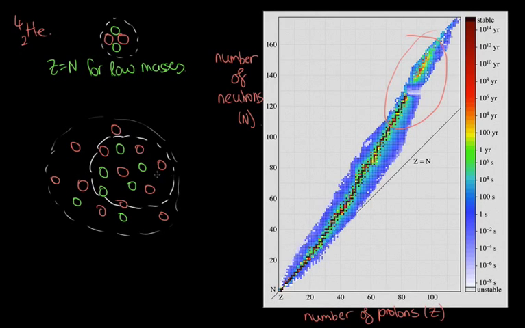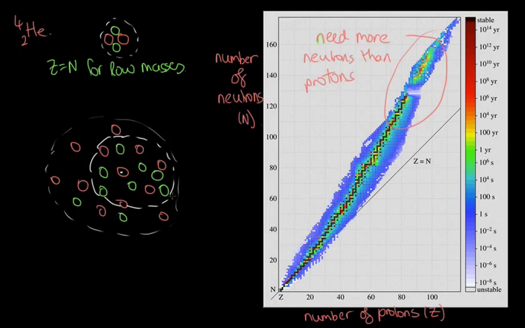That means that the strong nuclear force, the attractive force, is only affecting part of the nucleus for this proton, say, whereas that electrostatic repulsion is coming from everywhere. So inside this part of the nucleus, we need more neutrons than protons in order to make that nuclear force stronger than the electrostatic repulsion. So as we get up into this part of the curve, we need more neutrons than protons.